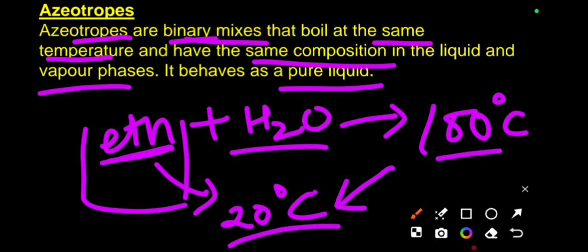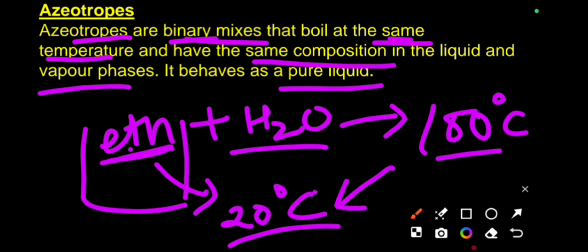Okay, so in azeotrope we have to take what? Two components in a mixture. That's why it is a binary mixture. They boil at the same temperature. They have two different boiling points, but if you fix the composition of ethanol and water at a particular composition, both liquids will have the same boiling temperature.